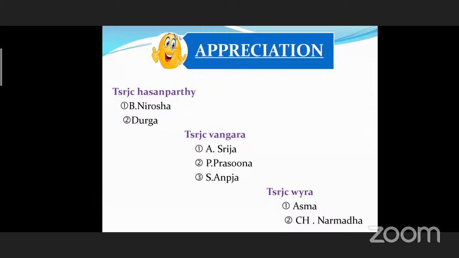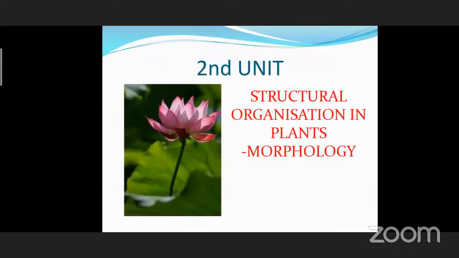Well done, students. Now, today we discuss the second unit, structural organization in plants: morphology. What is morphology? Do you know? Plant morphology is the study of the physical form and external structure of plants.